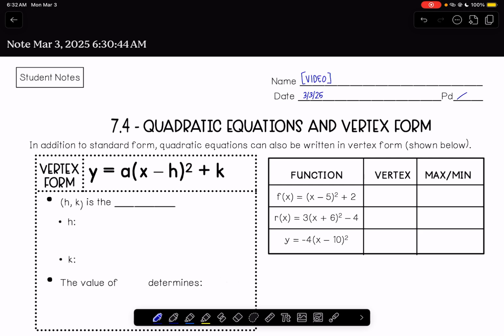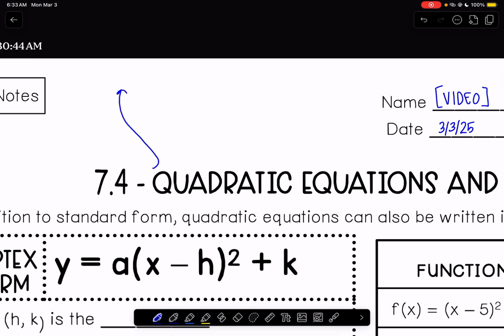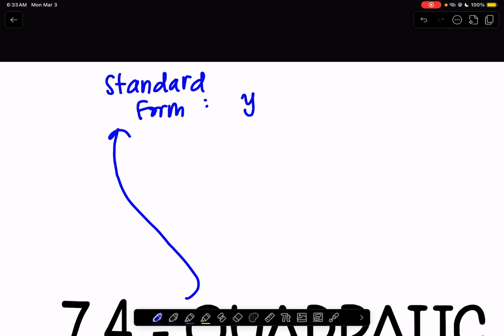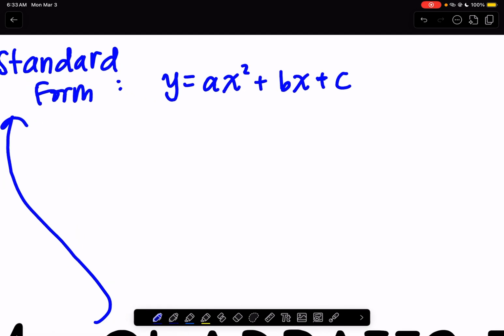So first thing that I want to go back over is quadratic equations in standard form, which is the one that we know already. A quadratic equation in standard form is in the form of y equals ax squared plus bx plus c. So we've factored with that kind of quadratic equation. We have talked about the a value.